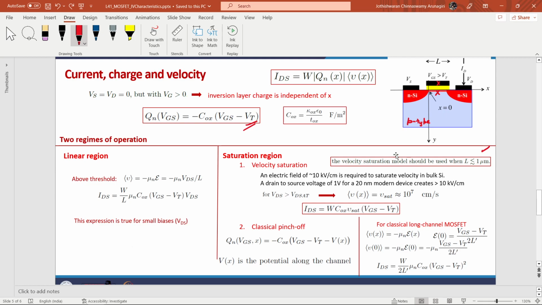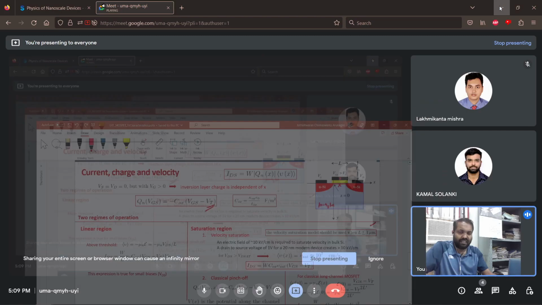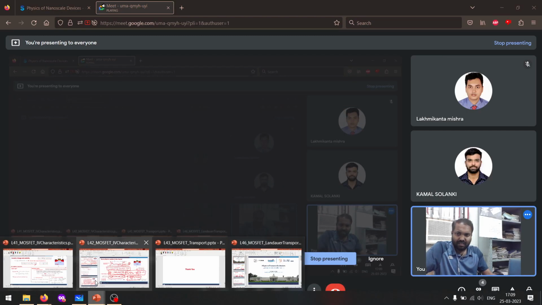This is for the long channel devices where pinch off is occurring at some point L dash. So that is material from this slide.